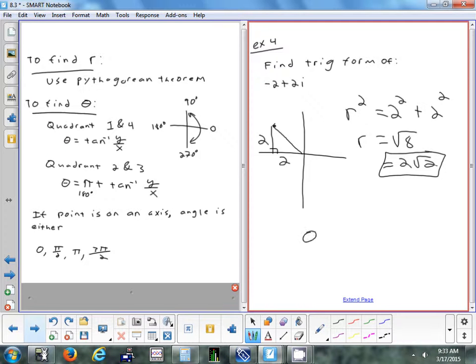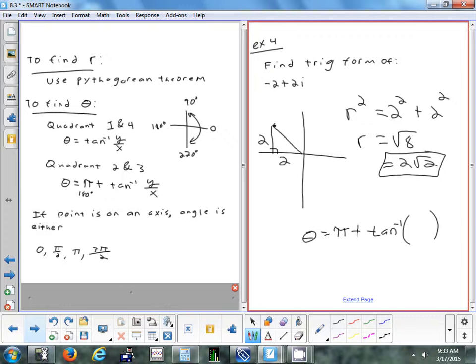Now we need theta. Well, there's two different formulas. Do we use inverse tangent y over x or pi plus inverse tangent? Which one am I going to use this time? What's that? Pi plus tangent. Right. I'm in quadrant 2. I got to use pi plus inverse tangent.